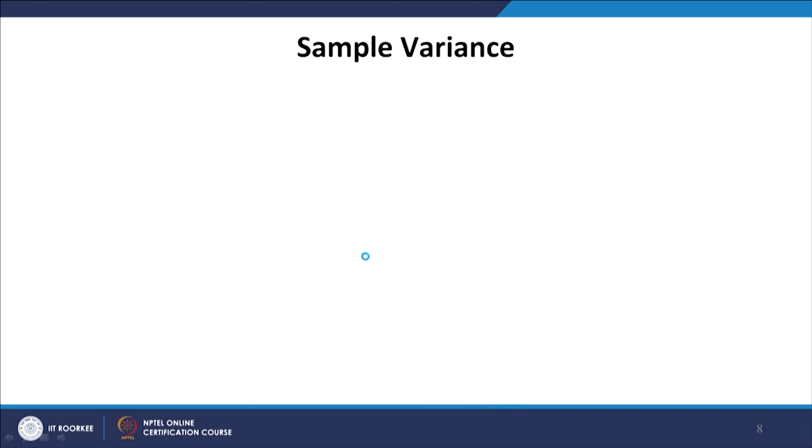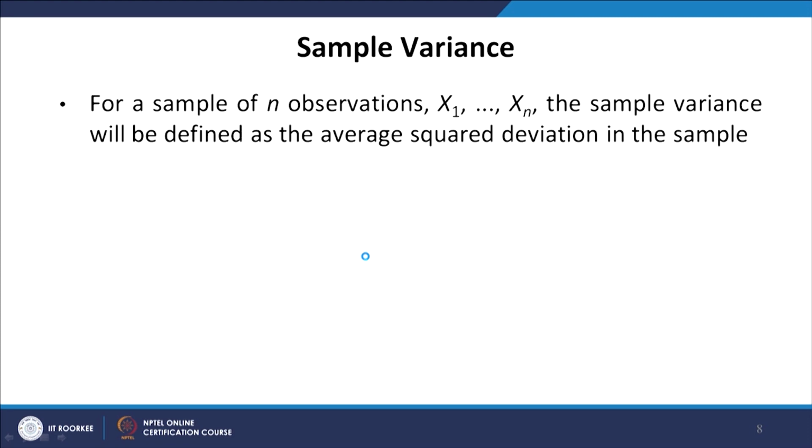Now, we talk about sample variance. For a sample of n observations x1 to xn, the sample variance will be defined as the average squared deviation in the sample. So, I had already introduced this sample variance in the context of the unobserved component.